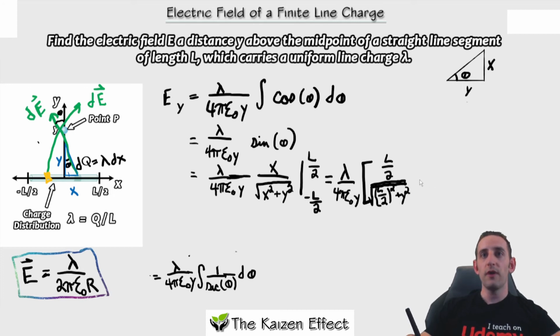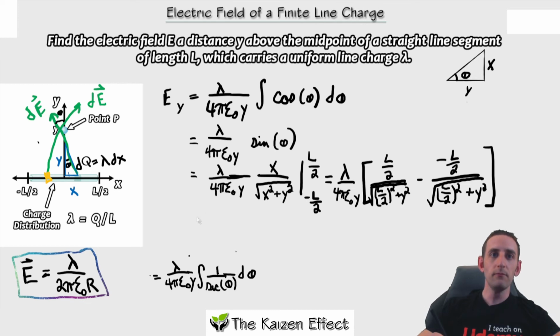And then we have to subtract negative L over 2 over basically the same thing, the square root of L over 2 squared plus y squared. All right. We see these guys cancel out, so we get a plus.